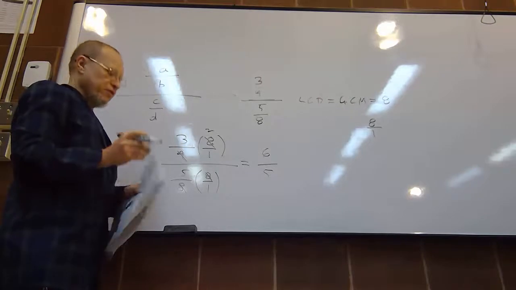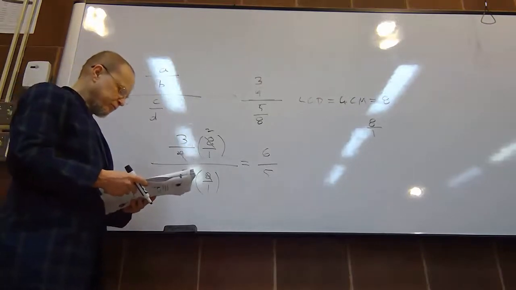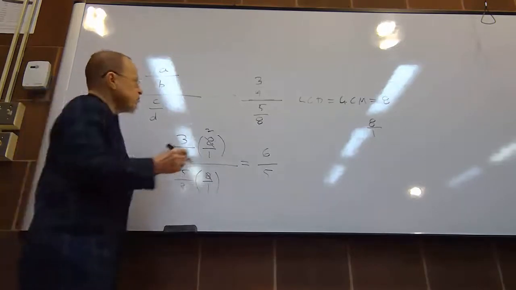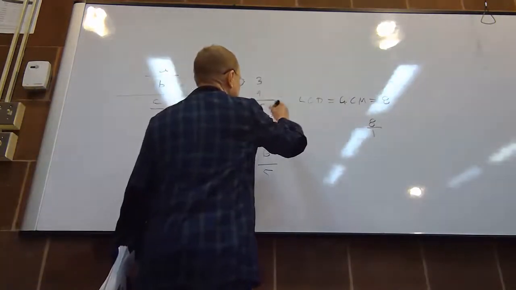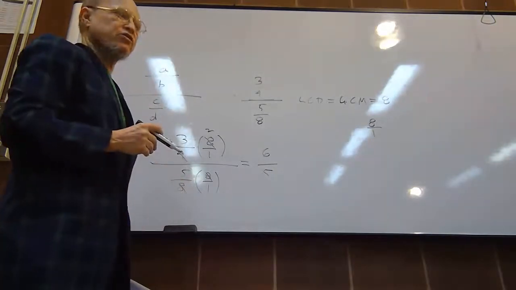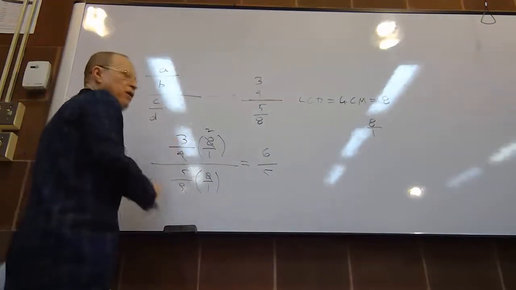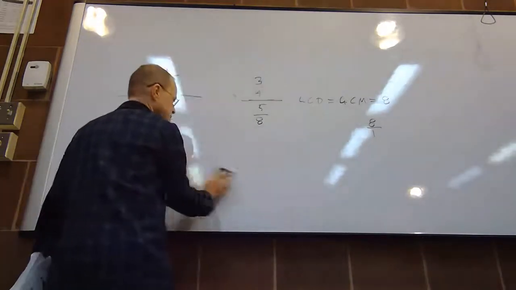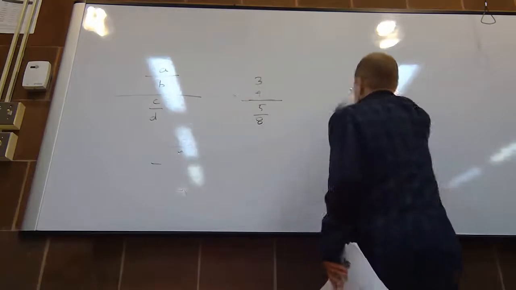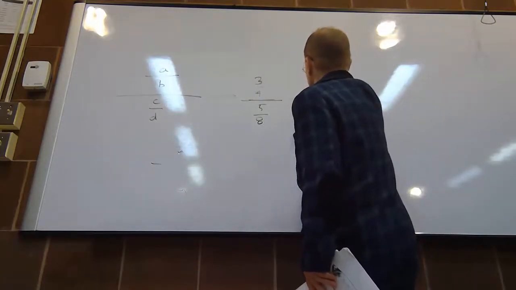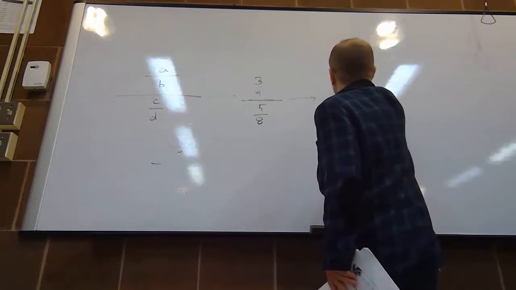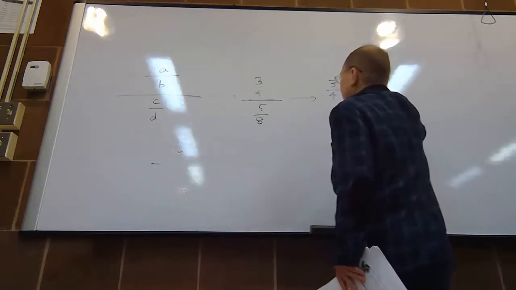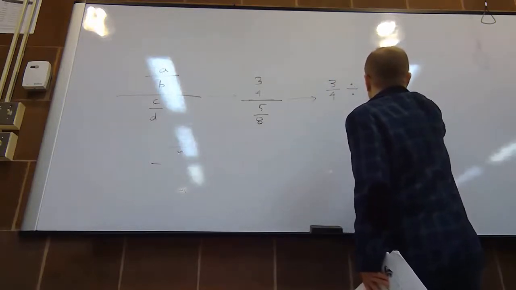Now, the other method that we could use is, instead of dividing, we're going to take the denominator here and turn this ultimately into a multiplication problem like we did earlier. So I'm going to erase this, and I'm going to first turn it into a division problem. 3 over 4 divided by 5 over 8.